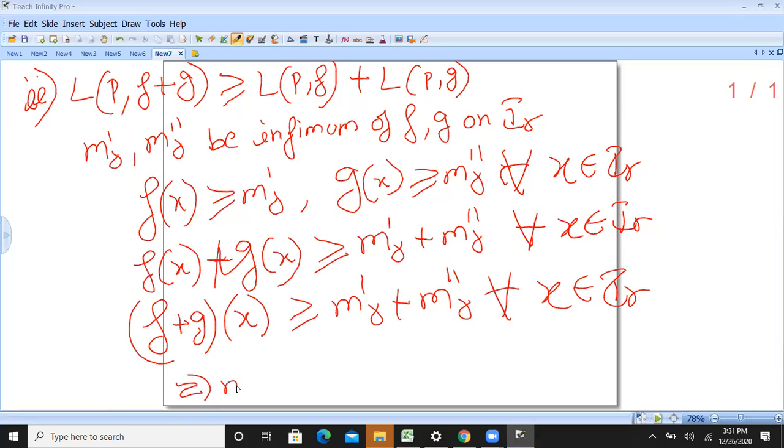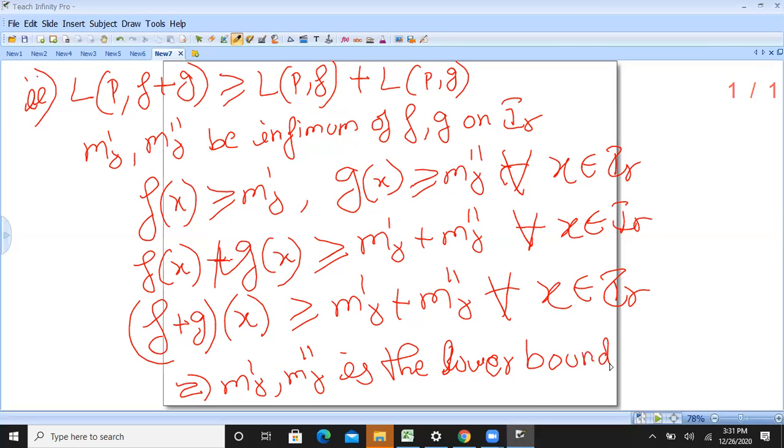Okay, therefore we can say that mr dash plus mr double dash is the lower bound of f plus g on IR.